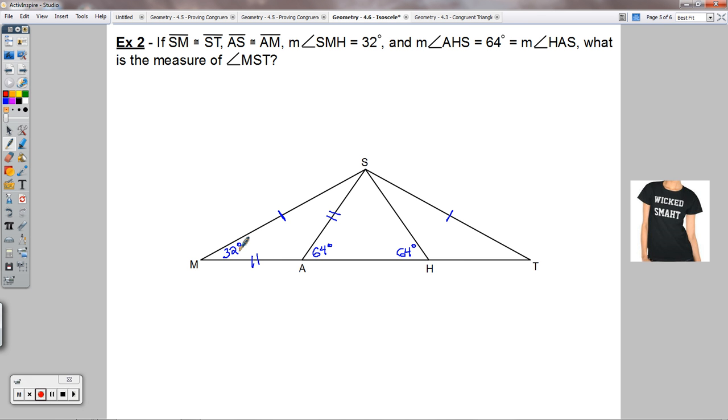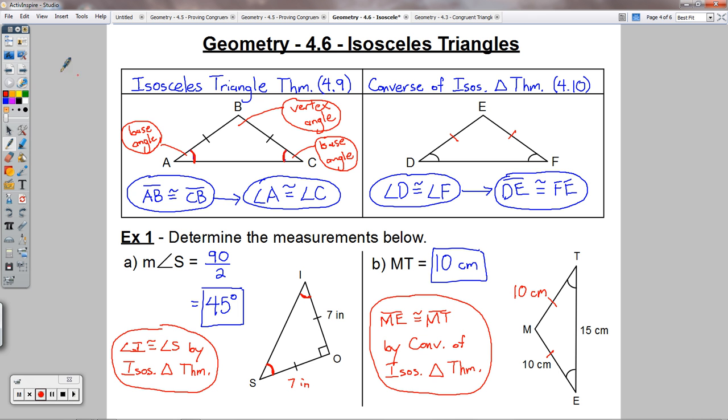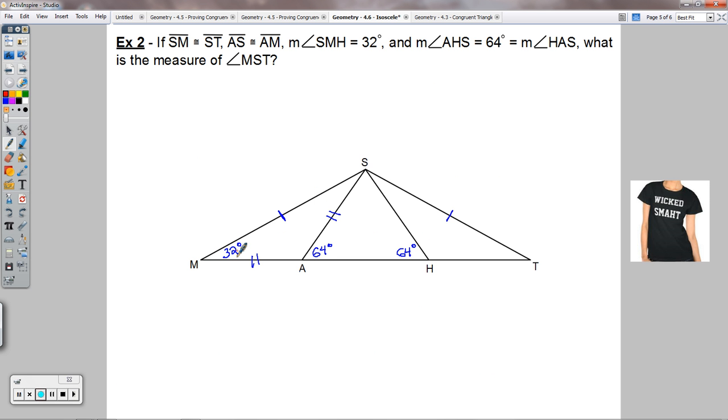So I'm going to start with, well, I'm going to look at this triangle, MAS, and I notice that this one's 32. This is an isosceles triangle, so based on the converse over here, or not the converse, but the regular isosceles triangle theorem, I have an isosceles triangle, I can say the angles are the same, the base angles. So I know that this one would be congruent to this one over here. So I can say this is 32 degrees as well. And I'm going to, just off to the sides here, write down the reason for each thing I'm saying.